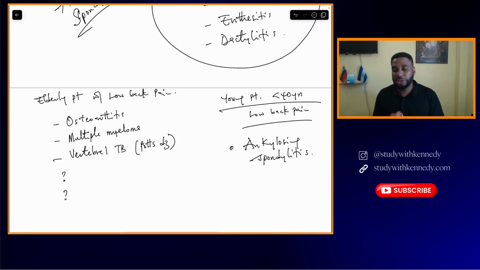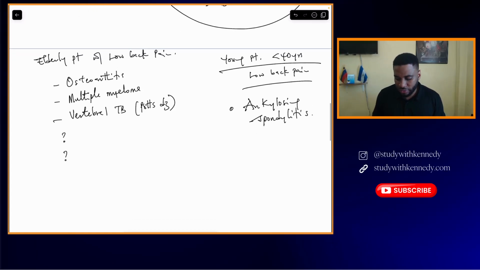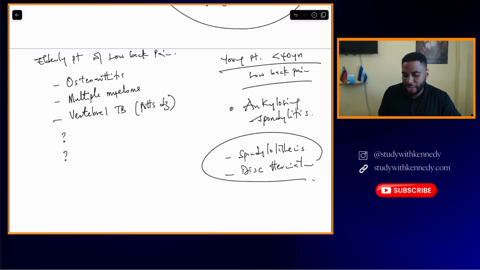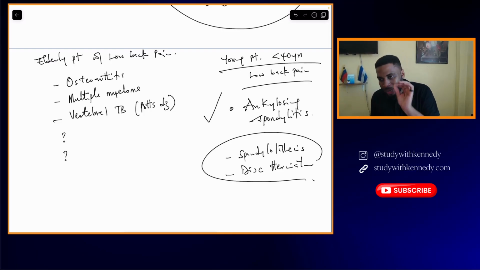A number of other things that you can think about are disc herniation, spondylolisthesis, but I don't want you thinking of those. You can think of your disc herniation, but these are minor. I need you to remember, very importantly, once they give you a young male patient or a young patient with low back pain, think ankylosing spondylitis. That is the classical presentation, a young patient with low back pain.